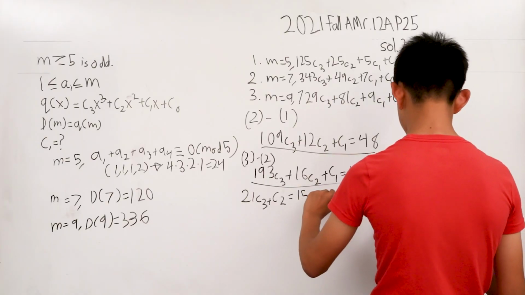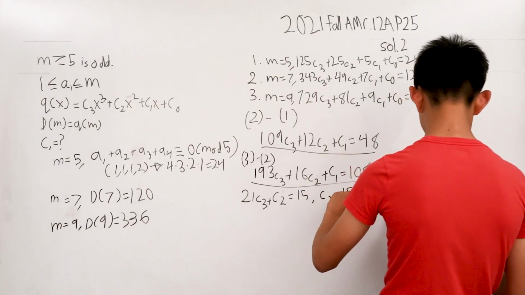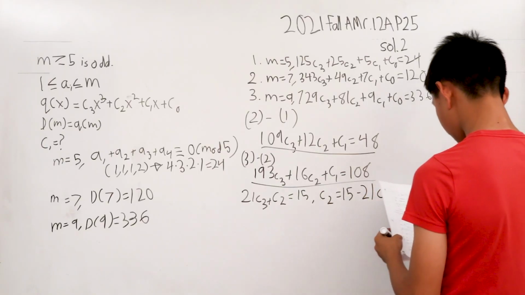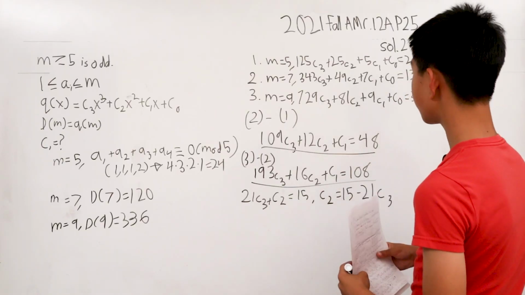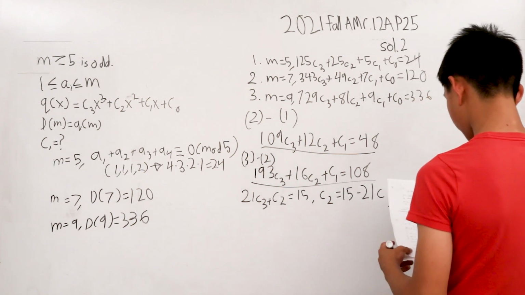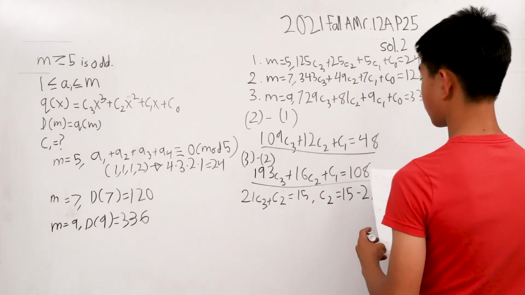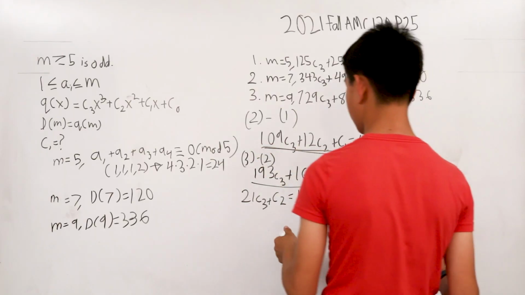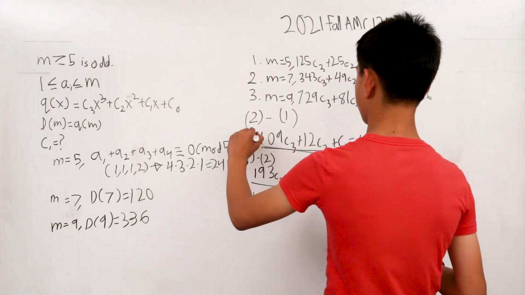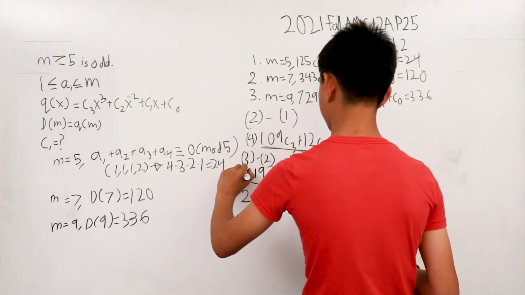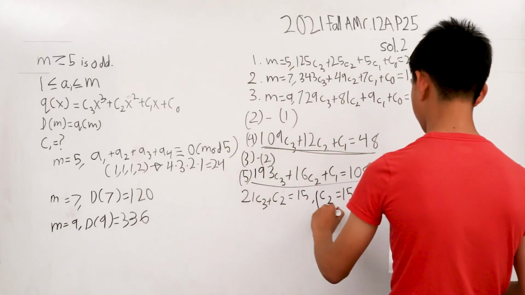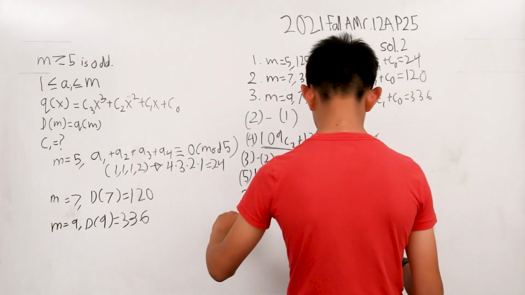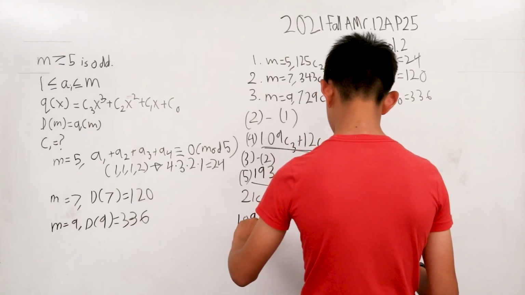Therefore, rearranging, C2 is 15 minus 21 times C3. So when you plug the value of C2 back into, let's say, this equation, let's call this one 4 and this one 5, what do we get?